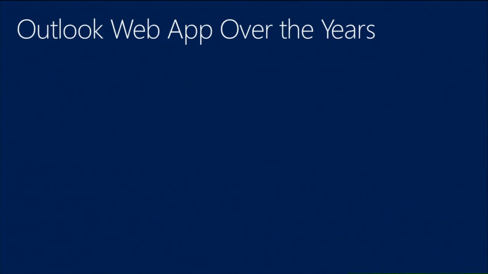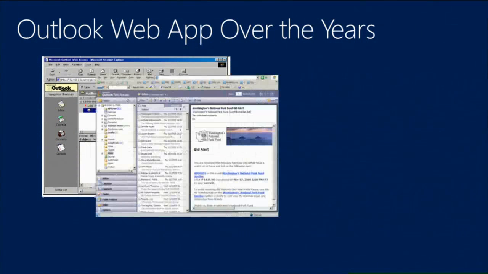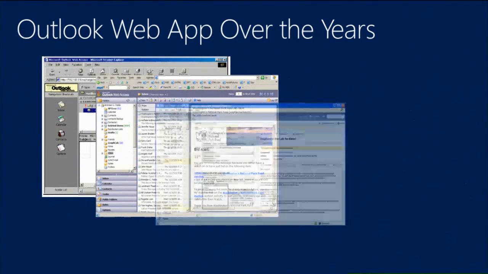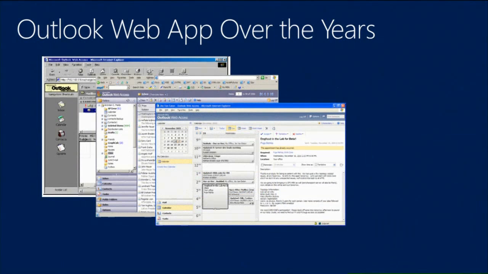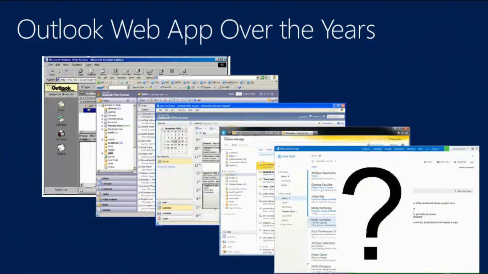So, first of all, we thought it would be interesting just to take a step back and talk a little bit about OWA and how it began all the way back in the Exchange 2000 release and how it has evolved over the course of the years and the different releases of Exchange.